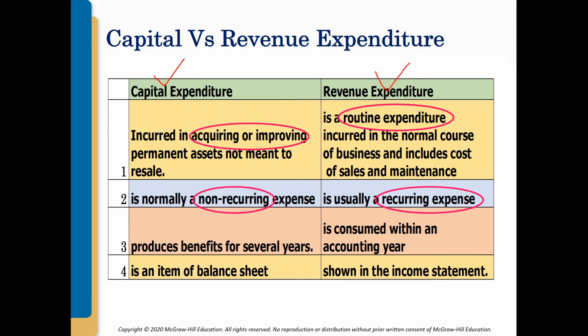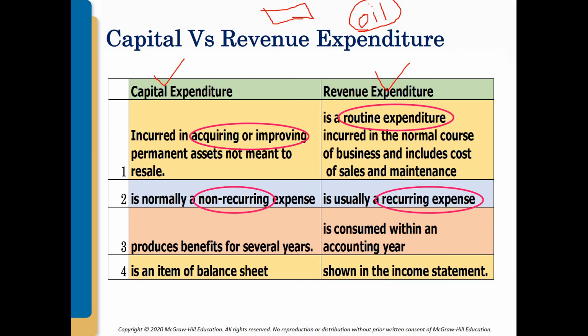Say for example, in your car, if you have a Toyota or say Ford Motors, you need to refill the oil every week or every day, okay. This is a recurring expense, but the maintenance of your car is a non-recurring expense, okay.